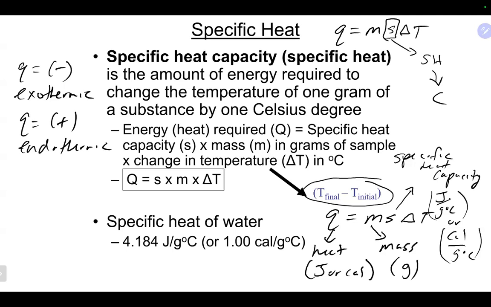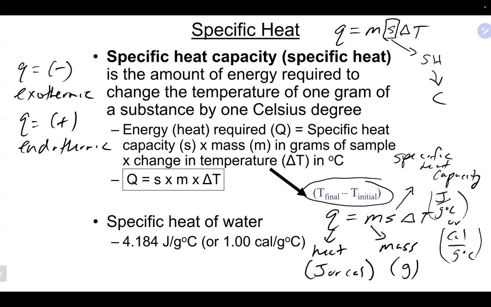The mass m is always going to be a positive number. The specific heat capacity s will be positive as well. So really the only thing that will determine whether you end up with a negative value of Q is the change in temperature. So you always want to do final temperature minus initial temperature, because that may give you a positive or a negative number, and that will tell you if it is exothermic or endothermic.